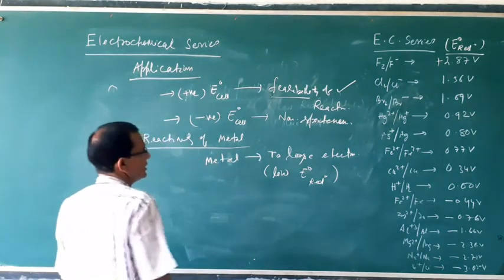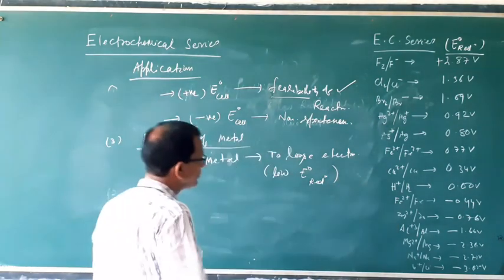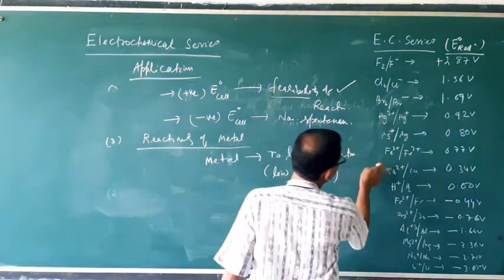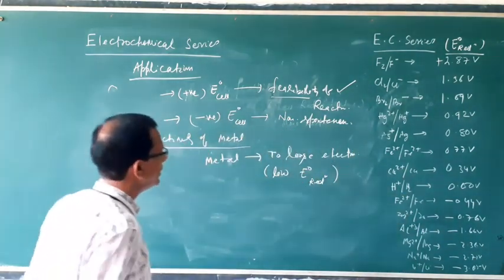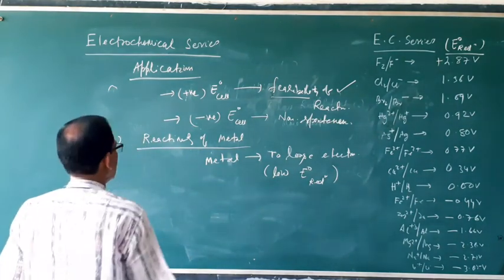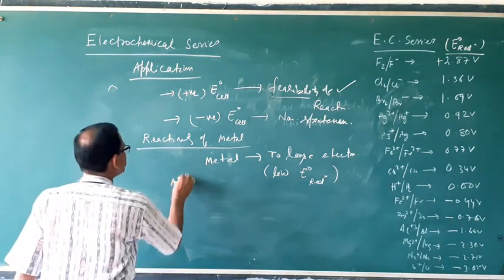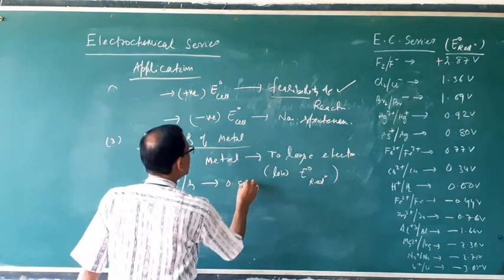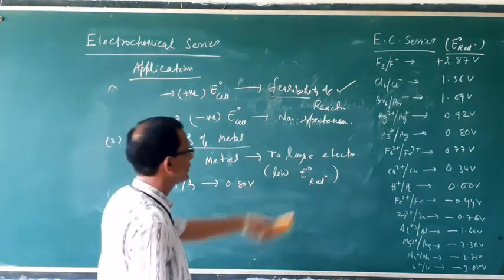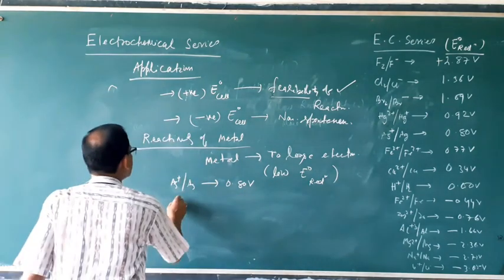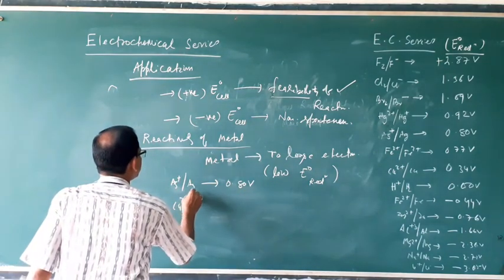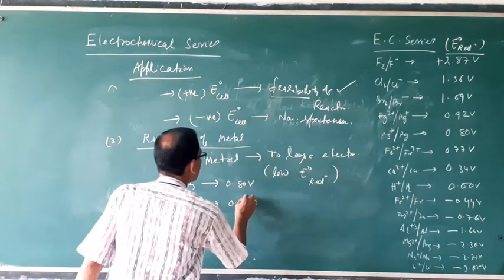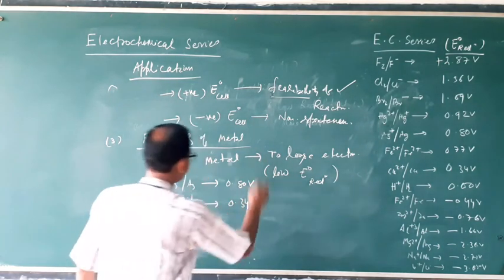For example, you see the table. Here, suppose silver and copper. In between silver and copper, silver value is how much? 0.80 volt, and for copper the value is 0.34 volt.